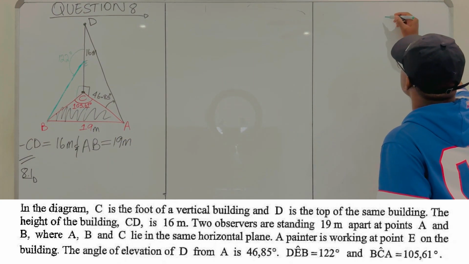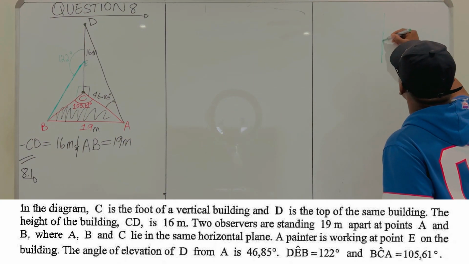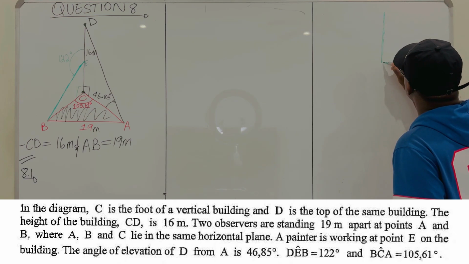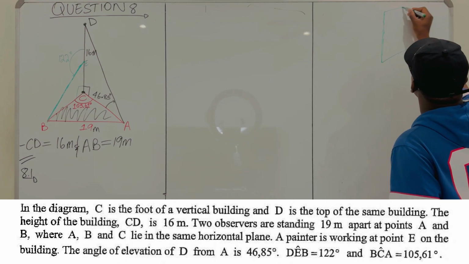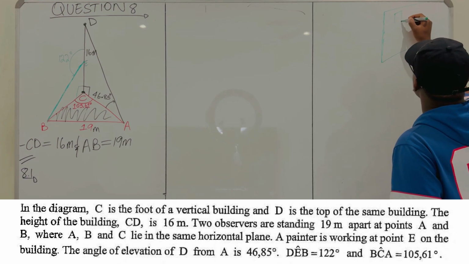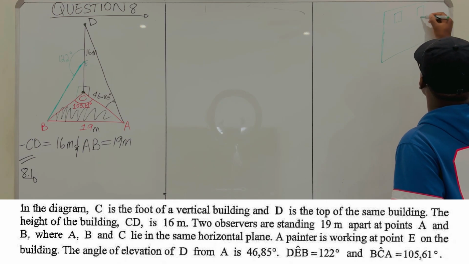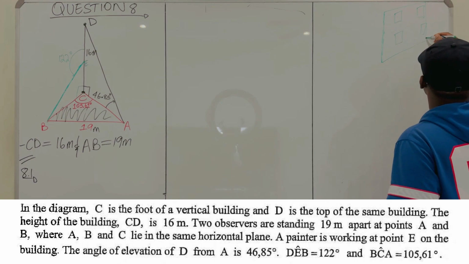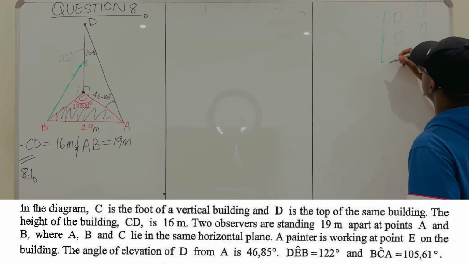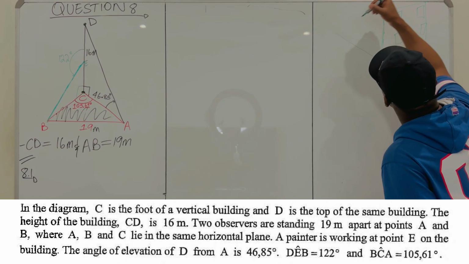So let's say this is a face side of a building. You can see there's a window. Let's say there's another window here. Maybe let's make 4 windows, right? So this is the side of a building, and this is another side of a building.